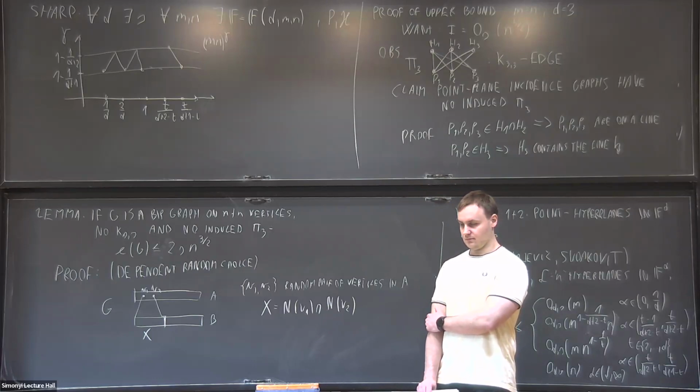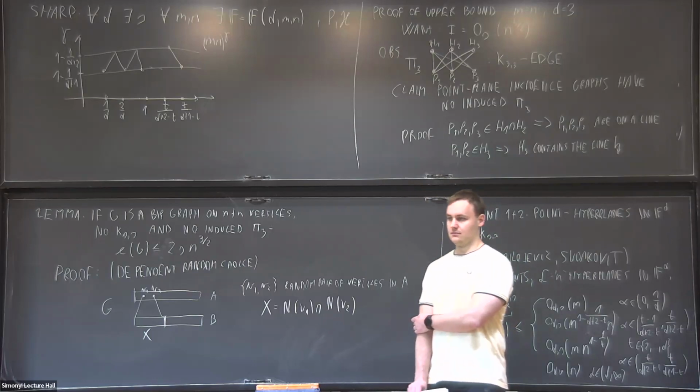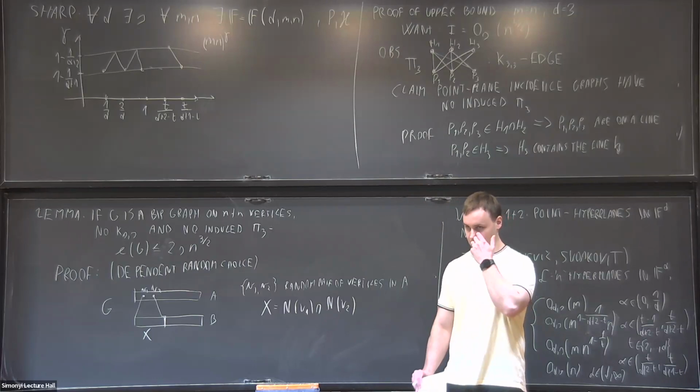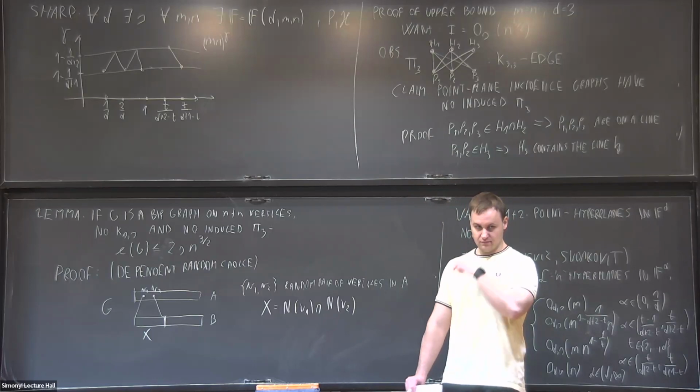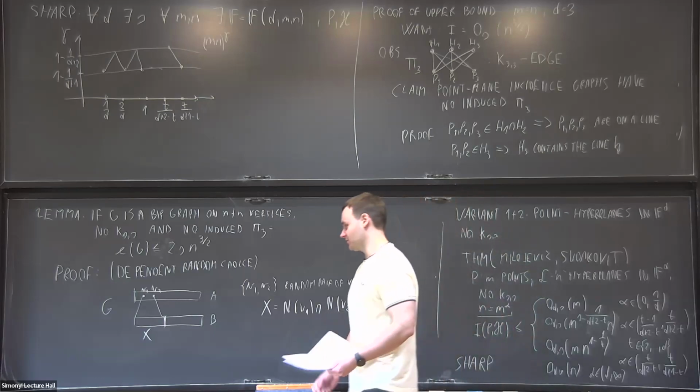Sometimes you should choose your set not as a random set, but as a set of neighbors of a random vertex or the intersection of the neighborhoods of a few vertices. And that's a special case. Yeah, exactly. So exactly that's what we are doing.